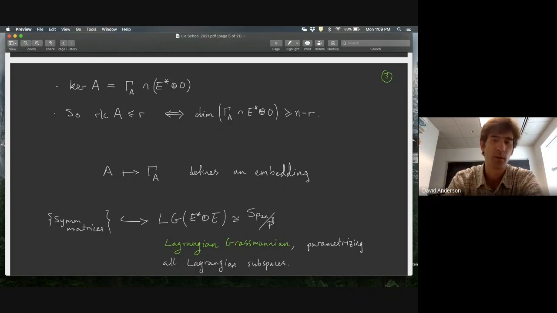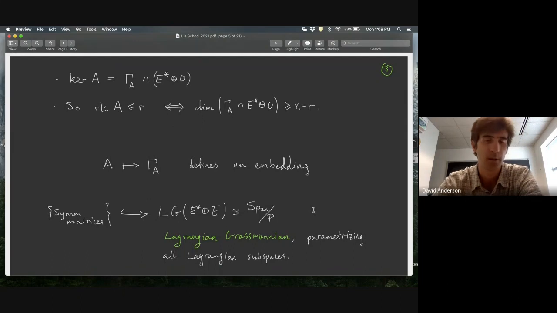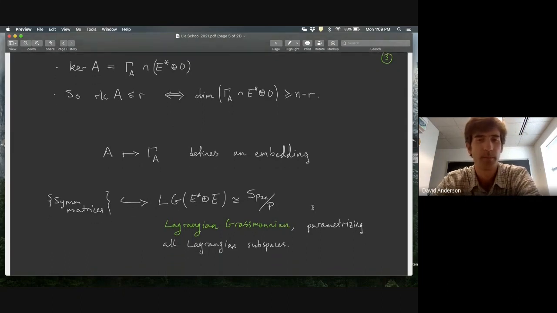So the way of unraveling that is that this Lagrangian Grassmannian is a homogeneous manifold with respect to the symplectic group, and the stabilizer of any particular subspace is some parabolic subgroup. So you can write it as Sp_2n mod P. It is a generalized Grassmannian in that sense. I guess I should mention that in this whole talk I'm thinking about things over the complex numbers, not over the real numbers, although this particular statement works just as well over any field.